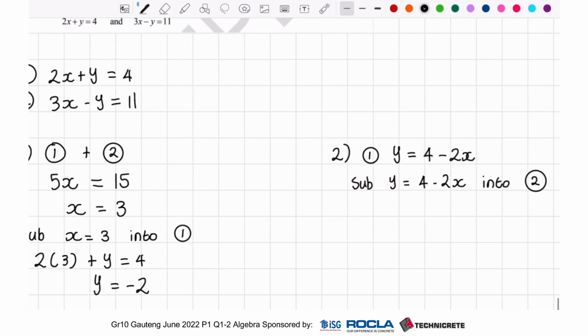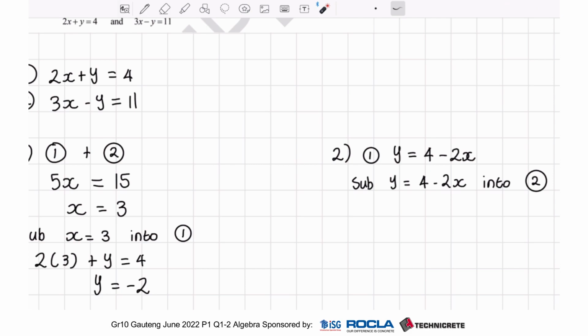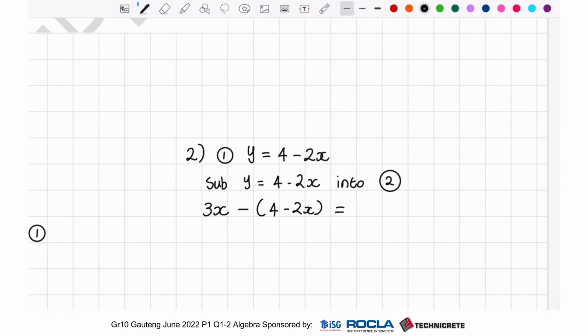So everywhere in equation 2 that I see a y, I'm not going to write y, I'm going to write 4 minus 2x. So the 3x stays the same. Then I've got negative y equals 11, and I just simplify.